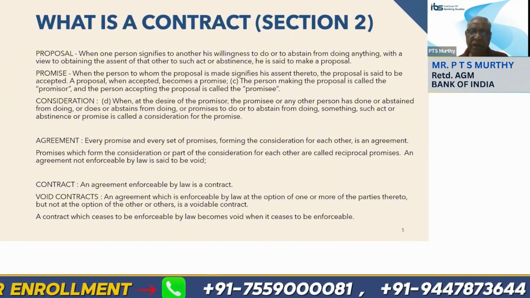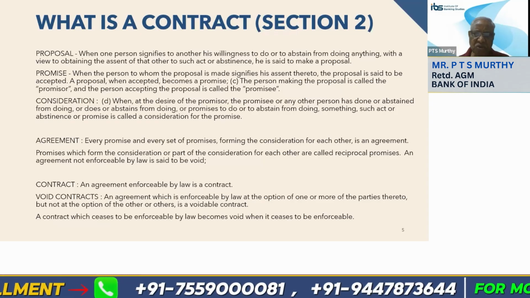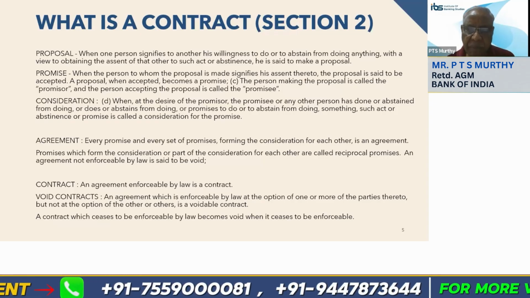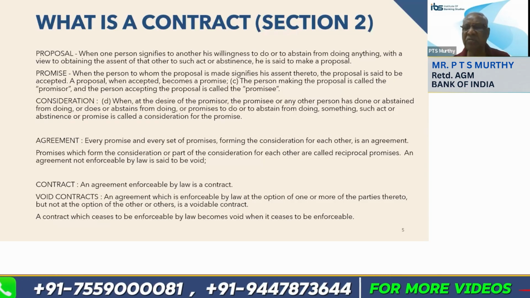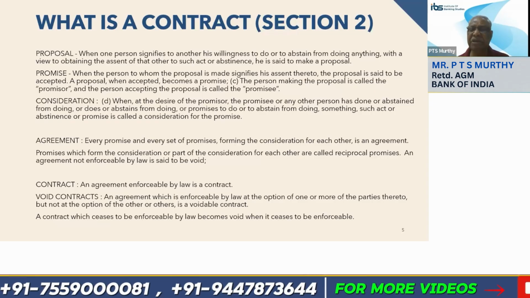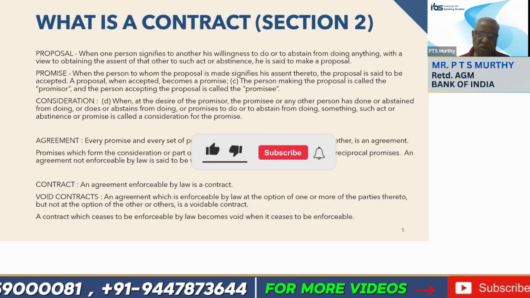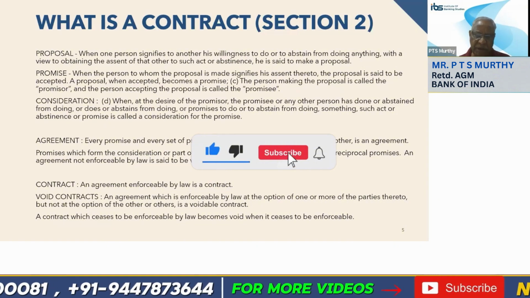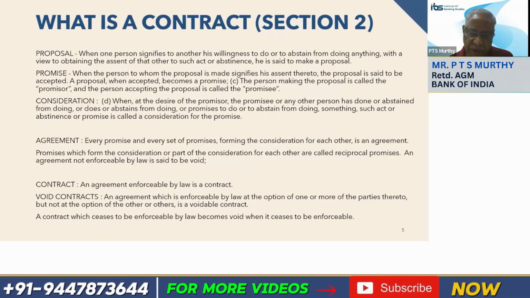Then the proposer has to make payment for opening the account. That's called consideration, which is always in terms of a commercial transaction. He agrees to make a payment and makes it. Once he makes a payment, it converts into an agreement.